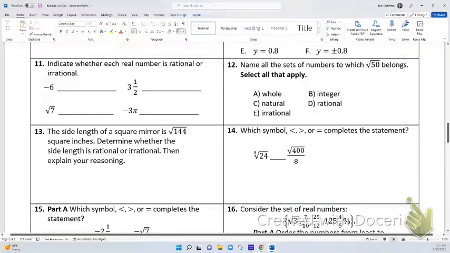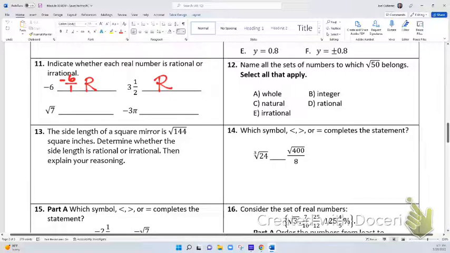For number 11, it says indicate whether each real number is rational or irrational. So once again, if you can create a fraction, that makes it rational. For example, negative 6 is the same thing as negative 6 over 1. That makes this one rational. 3 1/2 is already a fraction, so this one is rational.